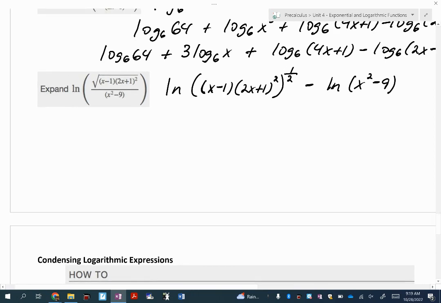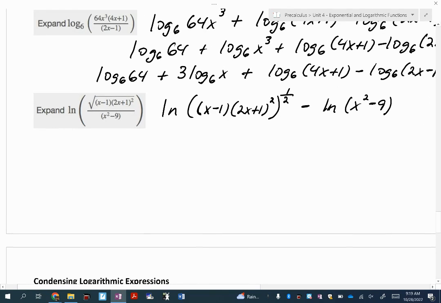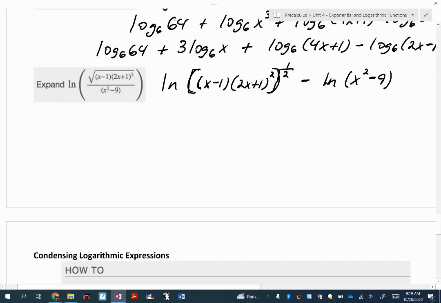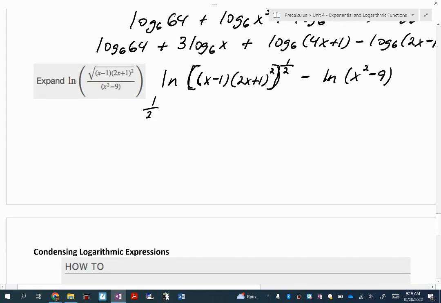So I'm going to use the power property. Remember, the whole thing, that's what I said, is different than the previous problem. The whole entire thing is being raised to that 1/2 power, so I can move it in front. 1/2 natural log of x minus 1 times 2x plus 1 squared, minus, and I noticed that this can be factored as x minus 3 and x plus 3.